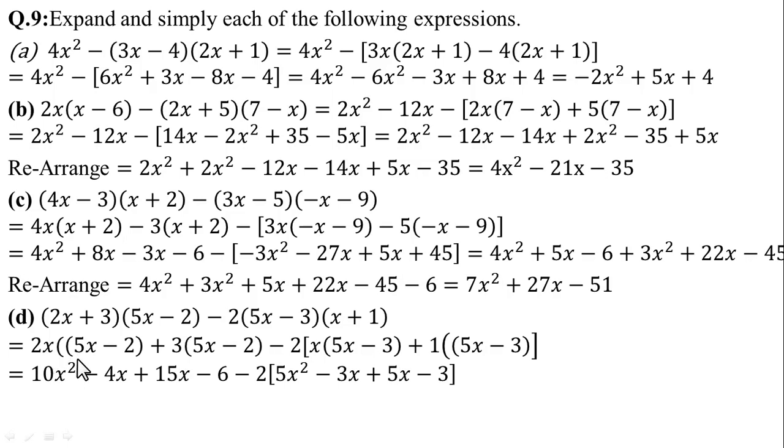5 2s are 10x square, and minus 2 2s are 4x, plus 5 3s are 15x, minus 3 2s are 6, minus 2 into [5x square minus 3x plus 5x minus 3]. Now opening the bracket, 2 is multiplying each term and the negative sign changes all the signs in the square bracket.